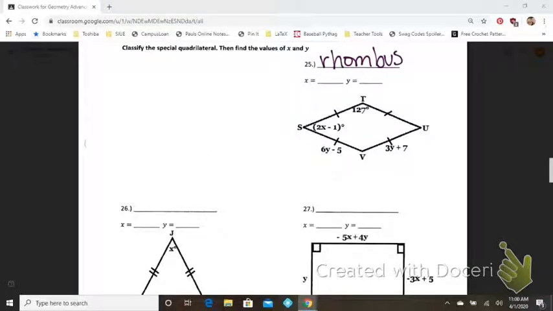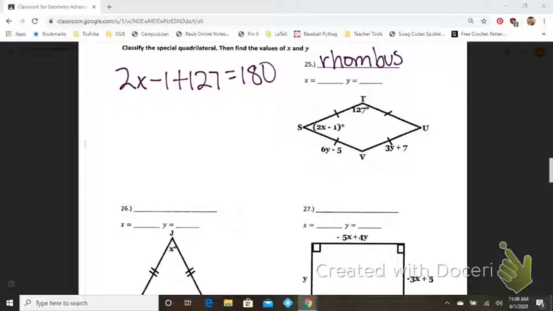Let's find x first. These two angles are consecutive angles, which means in a parallelogram they must be supplementary. So 2x plus 1 plus 127. Ooh, sorry, that's a 2x minus 1. Let's back it up. 2x minus 1 plus 127 is equal to 180.